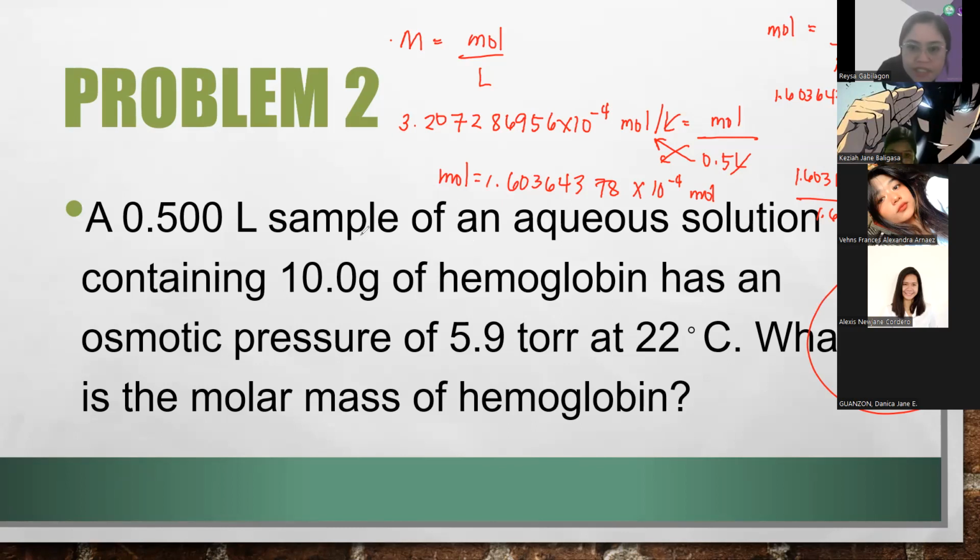How did you get the 62,358 grams per mole? I'll PM those who are exempted. And then Baligasa also, kindly send me your computation for this. Escalante also. Now na, right now. That's all.